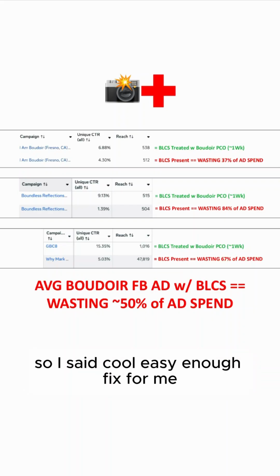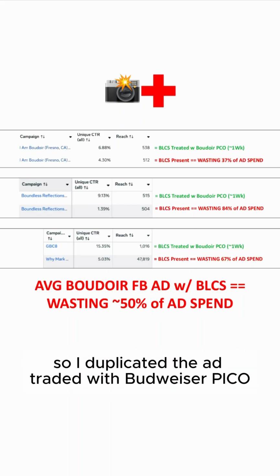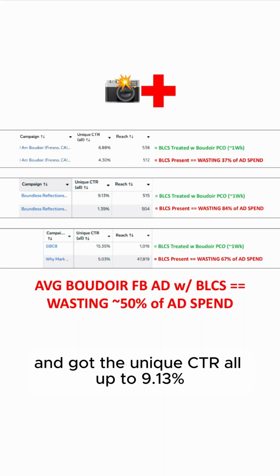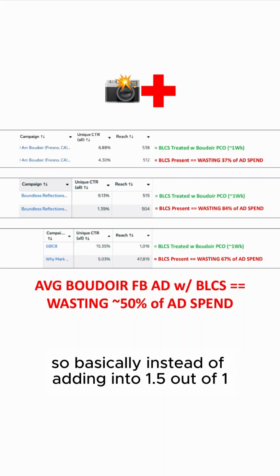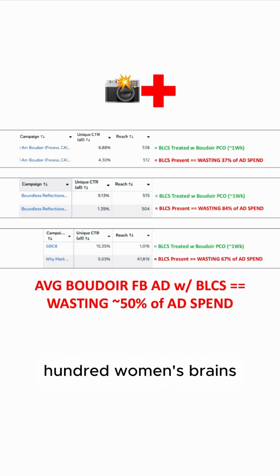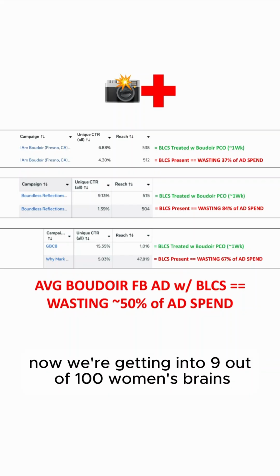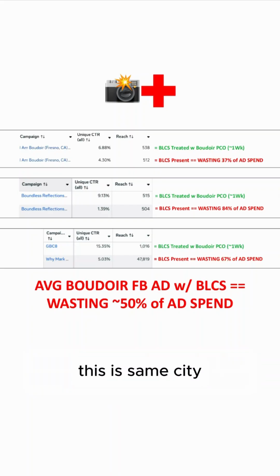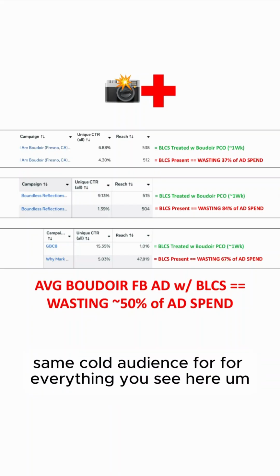So I said, cool, easy enough fix for me. So I duplicated the ad, treated it with Boudoir Pico, took about a week, and got the unique CTR up to 9.13%. So basically, instead of their ad getting into 1.5 out of 100 women's brains, now we're getting into 9 out of 100 women's brains. It's the same city, same cold audience for everything you see here.